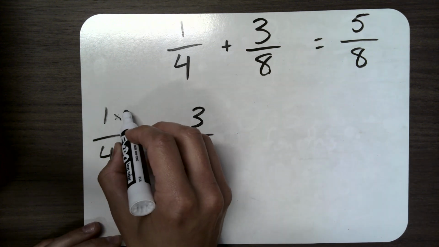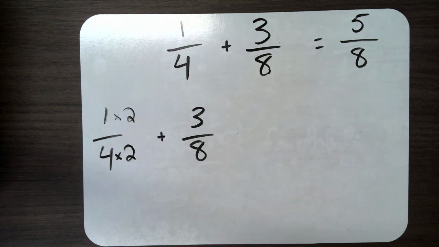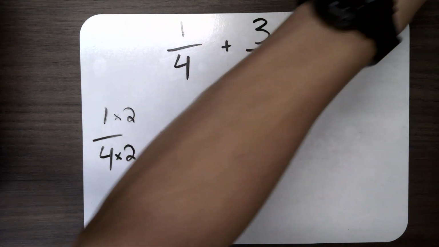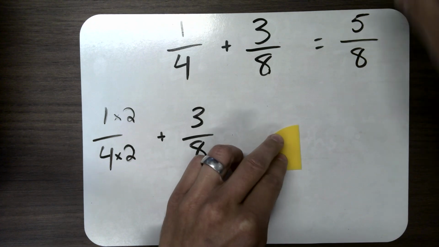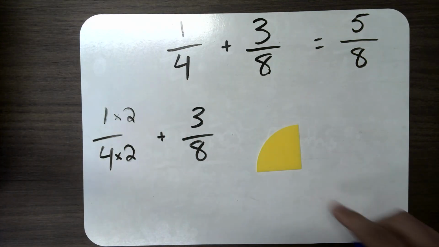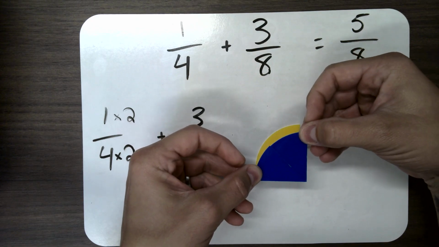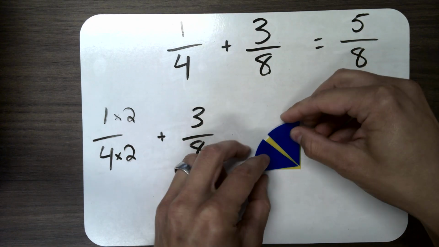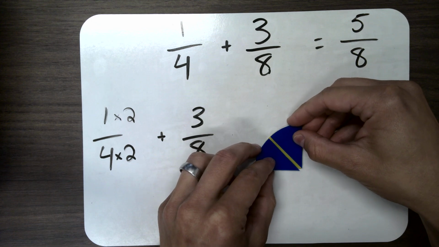Okay, and how we did this was we multiplied the numerator and denominator by 2. Okay, so again, that's this action, if we're thinking of 1/4, right? When we traded this 1/4 or exchanged that 1/4 for these 2/8, we doubled the number of parts that we had. We went from 1 part to 2 parts.